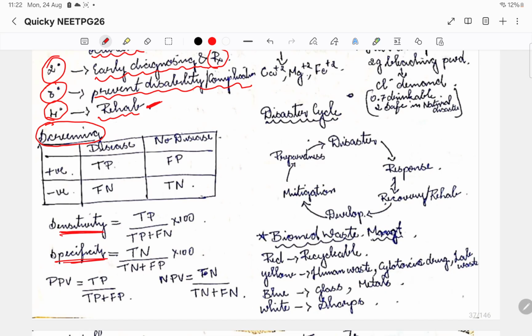Then how do we calculate it? Above is disease and on the lateral side is positive or negative. If it is positive and the disease was developed, true positive. If it was positive and there was no disease, then it is false positive, right? Then coming to negative, if the disease is there but the card test told there is no disease, then it is false negative.